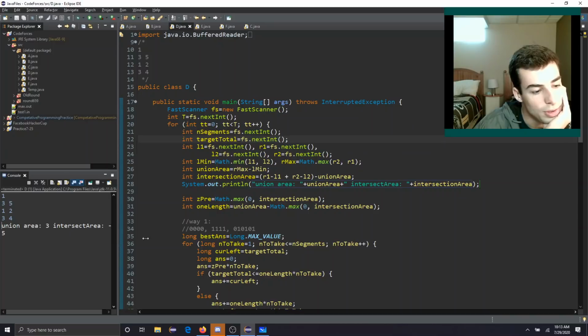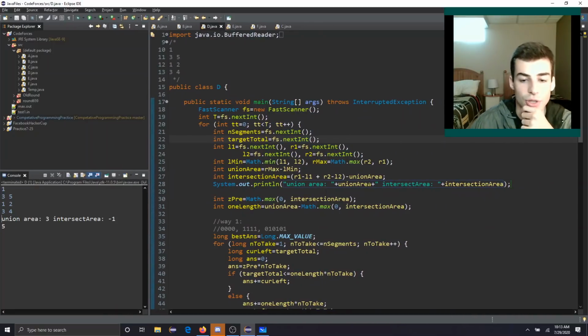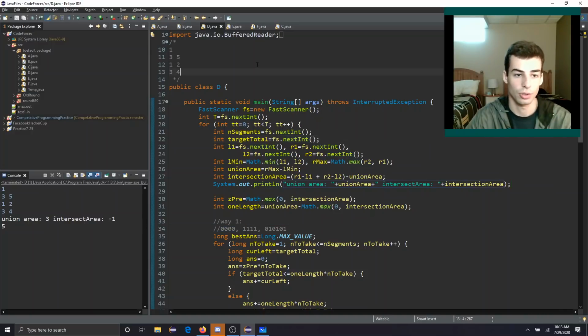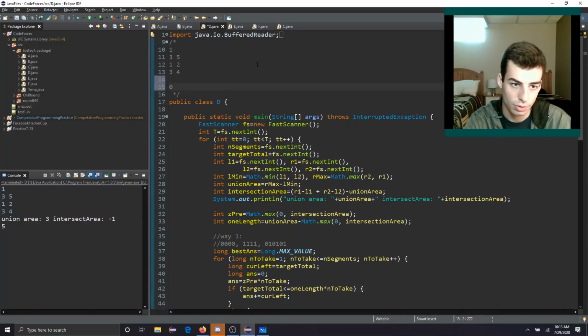So the union is 3, the intersection is -1, 1 to 2, 3 to 4. That's right. The union is 4 minus 1. Yeah, so it's 0. Okay, so what does this actually look like? We got 0 for the first turn, then 1.